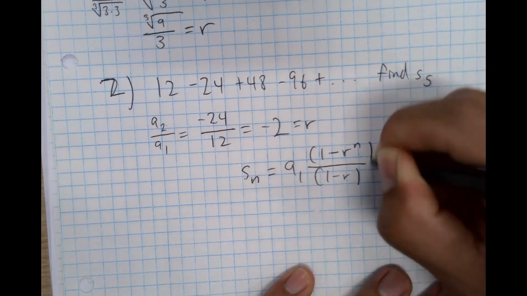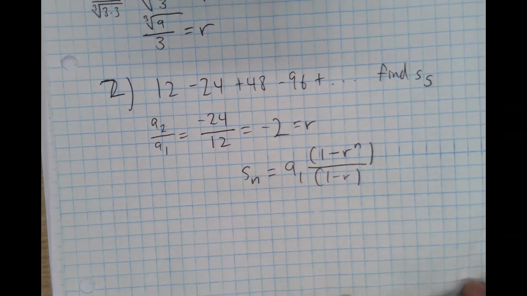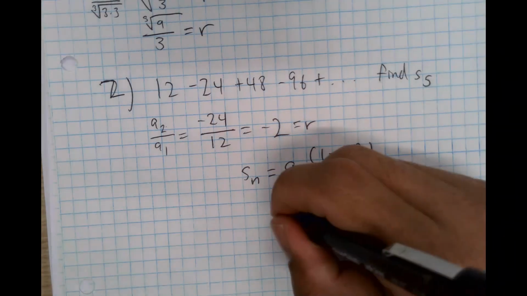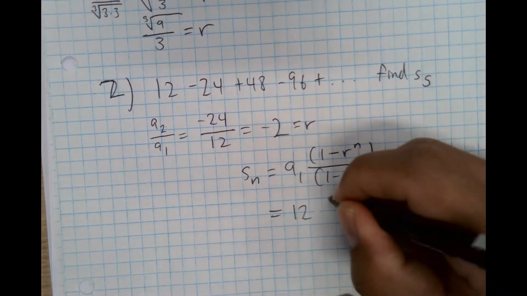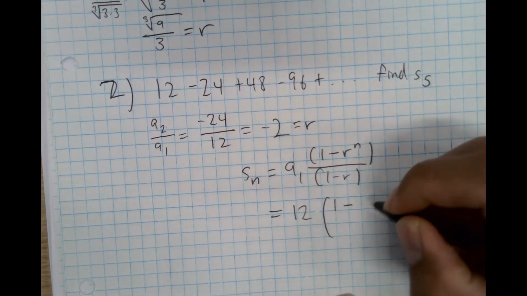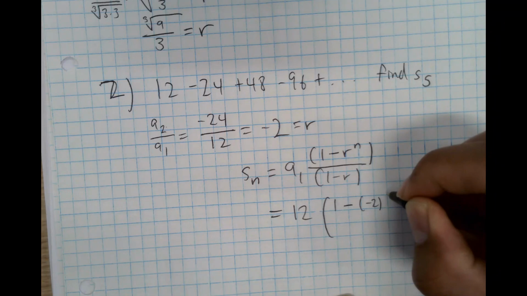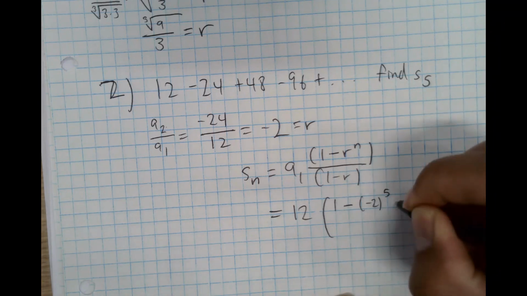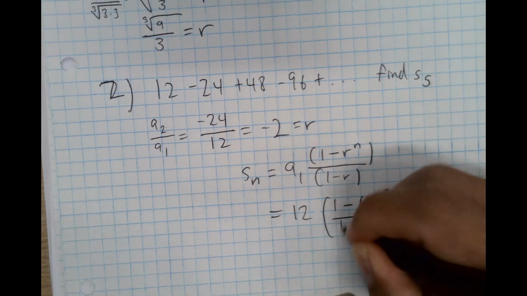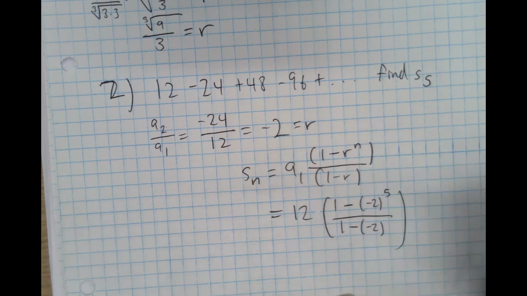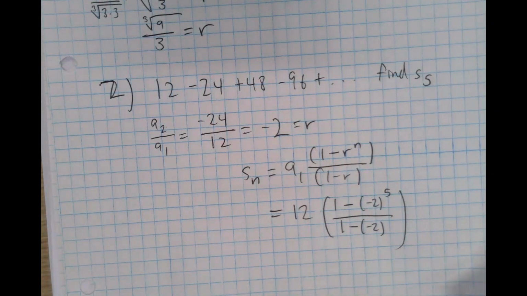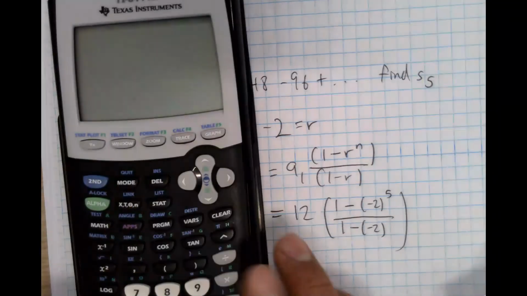I'd say the hardest part here is making sure you put it into your calculator correctly. A1 is 12. We have 1 minus -2 to the nth power, which is telling us the fifth sum. And then we want to make sure that it's 1 minus -2. So to put in your calculator, you just want to be triple sure.